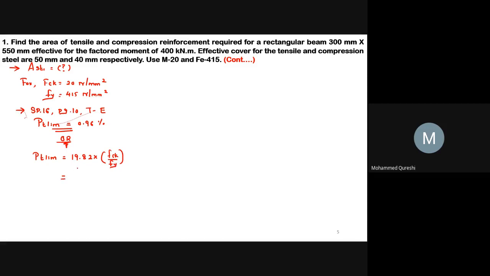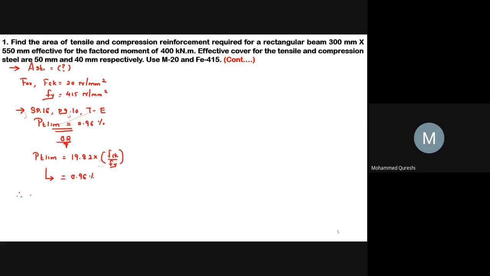So 19.82 into the value of FCK as 20 and Fy as 415, you will get the value of PT limit as 0.96%. These both values will remain the same. Either you may use this equation or you may go for SP16 page 10 table E. Whatever will be preferable from your side.